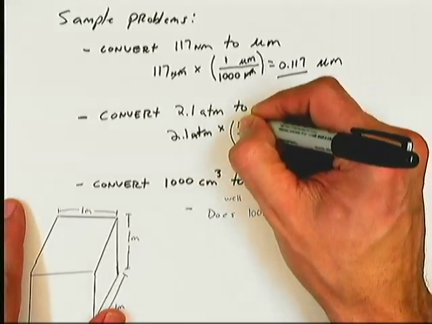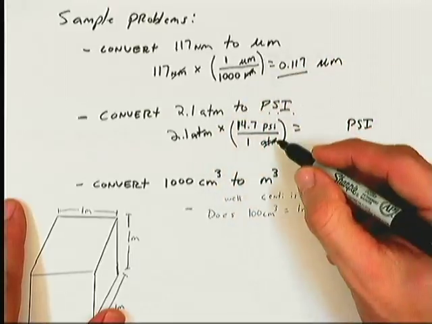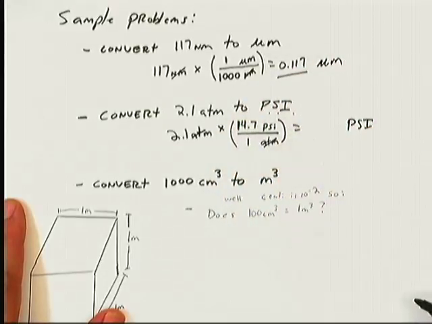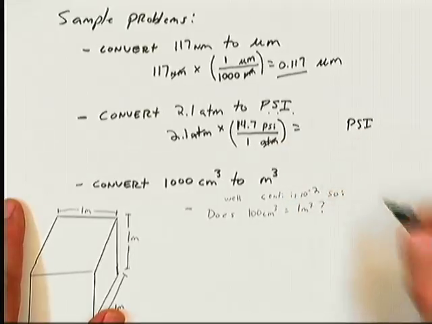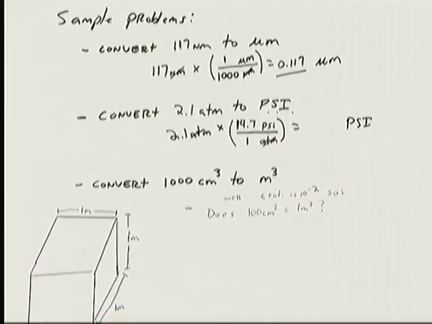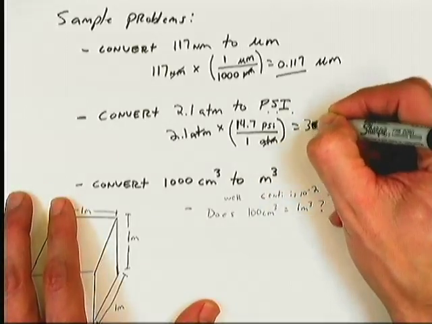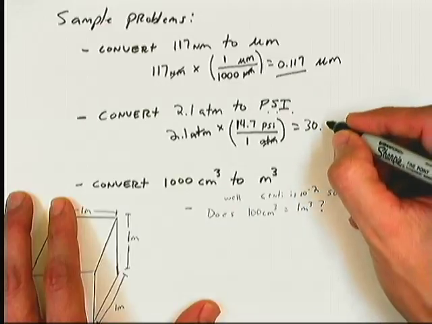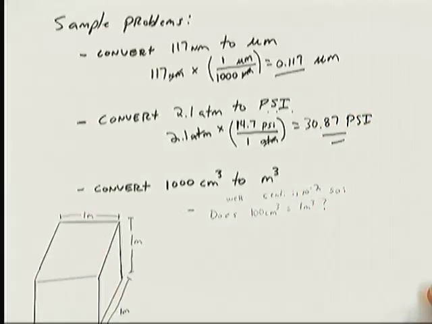And it just so happens that in 1 atmosphere, there's 14.7 pounds per square inch. And I just knew this, okay, but I'd give it to you on an exam if you needed that type of information. Okay, so you can then do the math and figure out that 2.1 atmospheres is about 30.87 pounds per square inch.